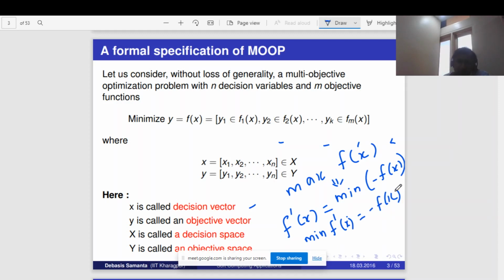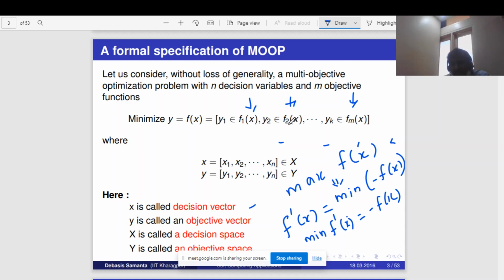Is it clear? So how will you convert a maximization problem to a minimization problem? Yeah, then it will be converted to minimization. Okay, so here you have multiple functions, f1, f2 up to fm. Some of them will be minimization functions, some of them will be maximization functions. By default, if it is a minimization function, leave it as it is.